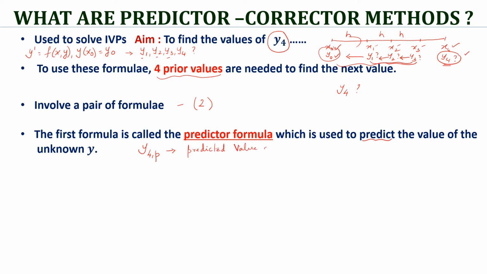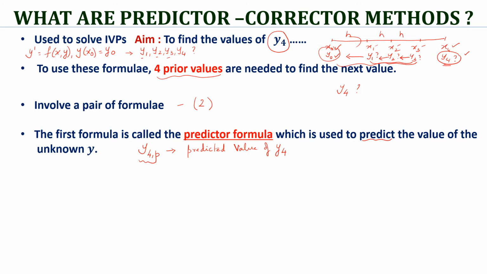Now this value is not the final answer of y4. It's only a prediction based on the formula. Now this has to go in for a correction, and that is where we need the next formula called the corrector formula. This value will be substituted in the right hand side of the corrector formula and then refined. So we will get a new value after we use the corrector formula.